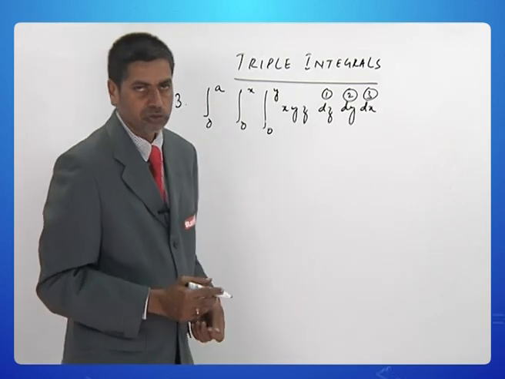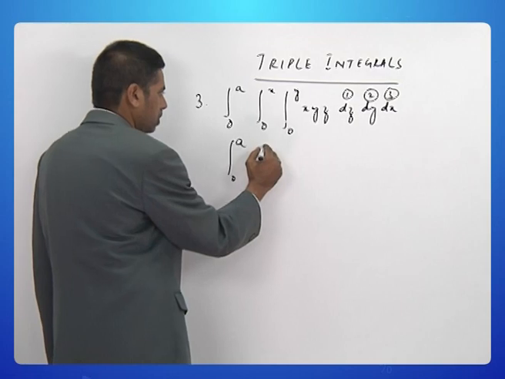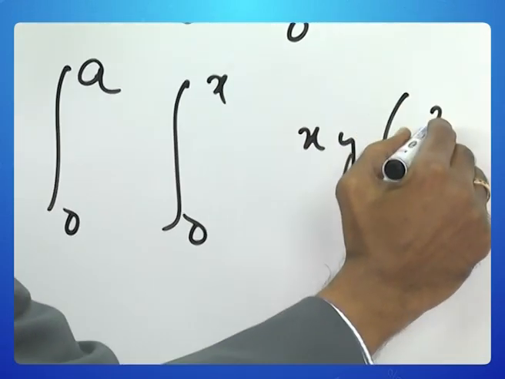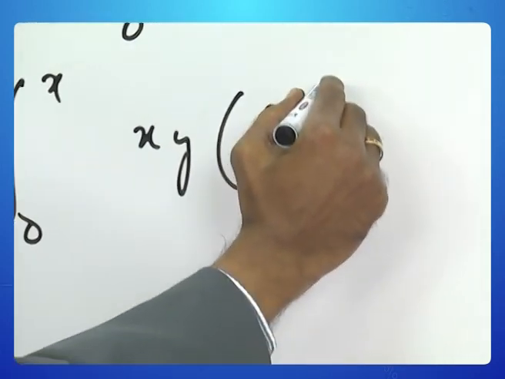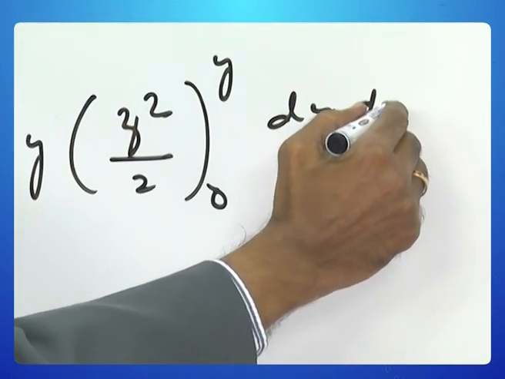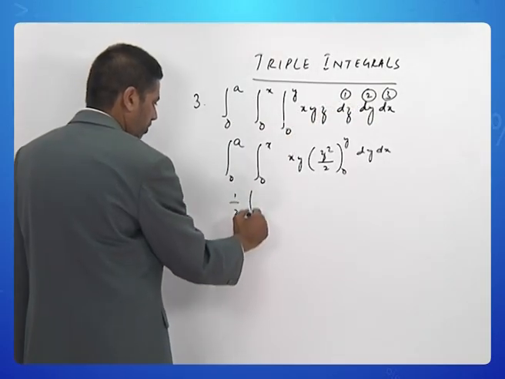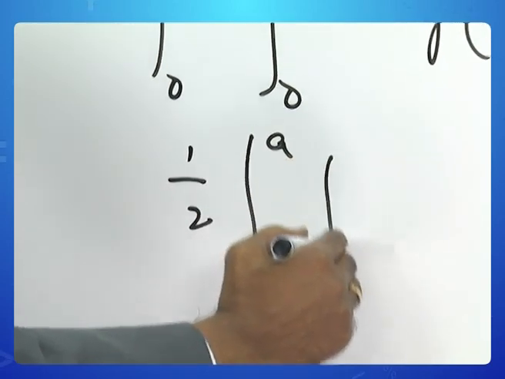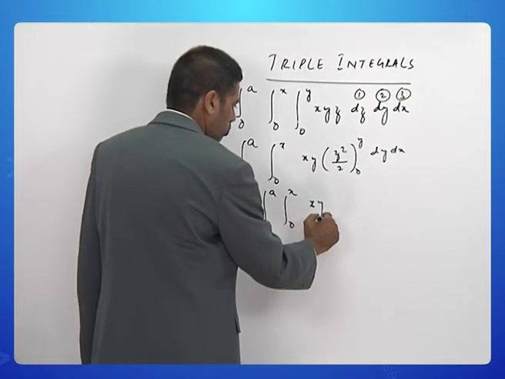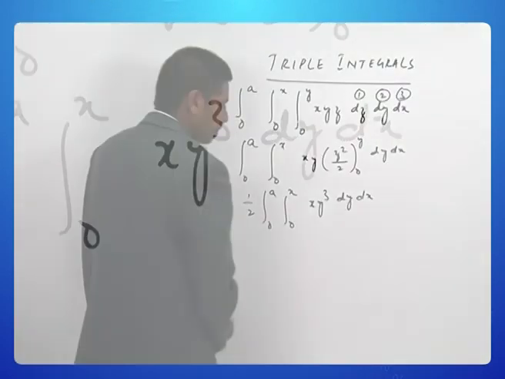However, let me show you the solution. 0 to a, 0 to x, xy z square by 2 from 0 to y, dy dx. So this will leave half integral 0 to a, 0 to x, x y cube dy dx.